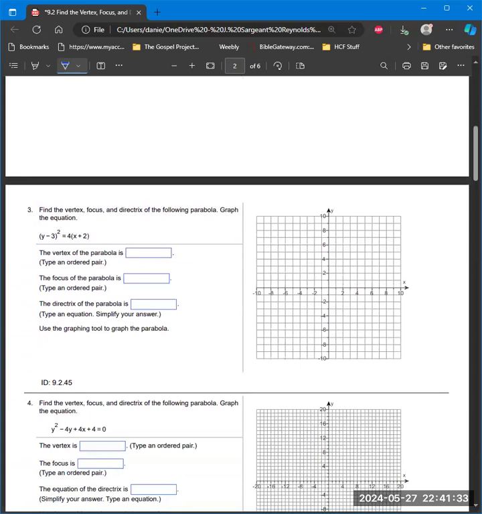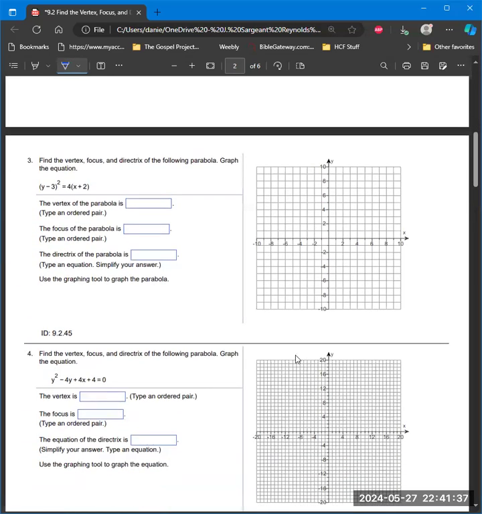And for number 3, we have a vertex at (-2, 3). And this is y squared, and it's positive, so it's opening to the right. And we're going 1 in that direction. So this is going to be (-1, 3).